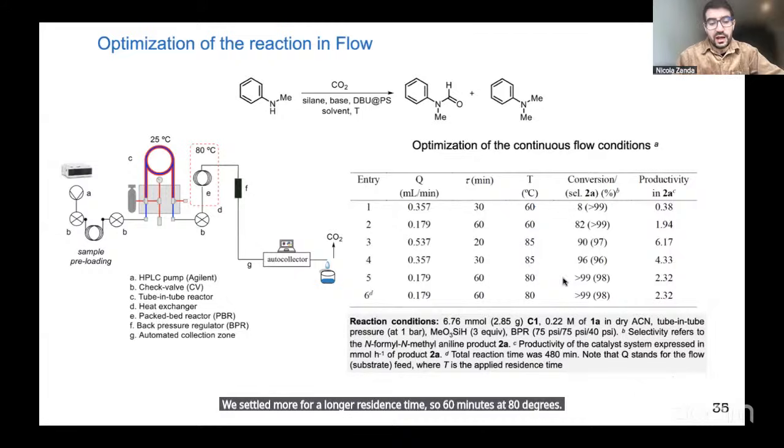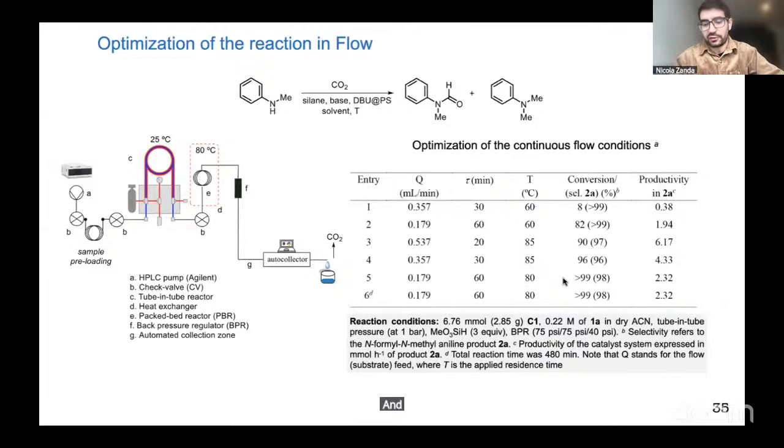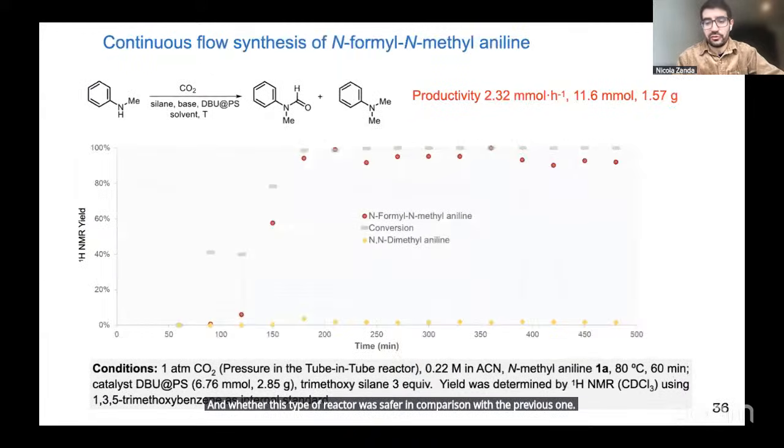Because again, our main goal was to assess whether we could run this reaction for a long time and whether this type of reactor was safer in comparison with the previous one. And actually, thanks to this, we could run the experiment for roughly 500 minutes. Out of these, 5 hours were at the steady state, so in stable conditions, without losing any conversion or any selectivity.